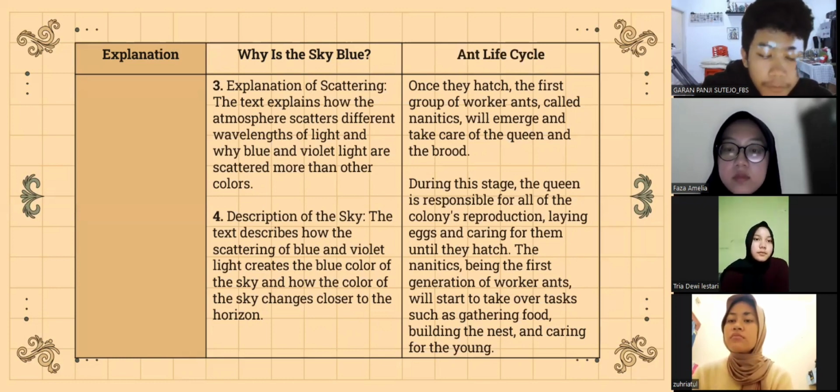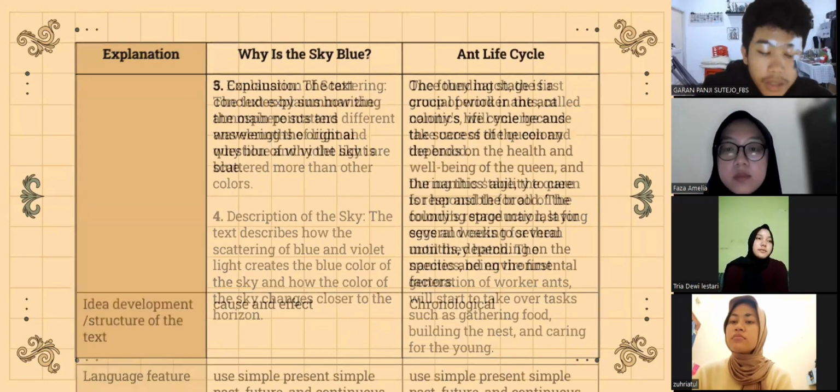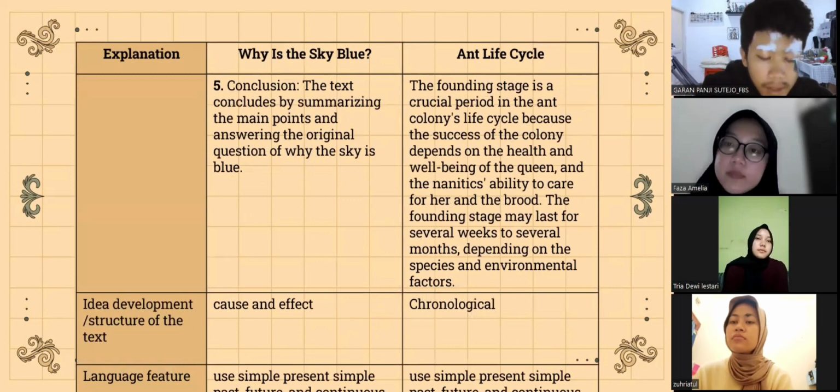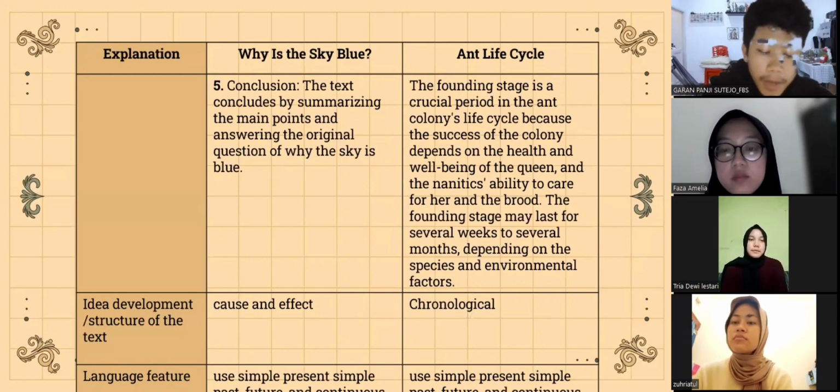The nanitics, being the first generation of worker ants, will start to take over tasks such as gathering food, building the nest, and caring for the young. The founding stage is a crucial period in the ant colony's life cycle because the success of the colony depends on the health and well-being of the queen and the nanitics' ability to care for her and the brood. The founding stage may last for several weeks to several months, depending on the species and environmental factors.